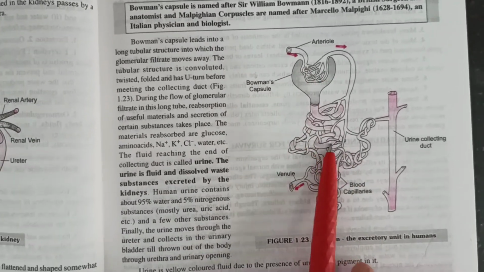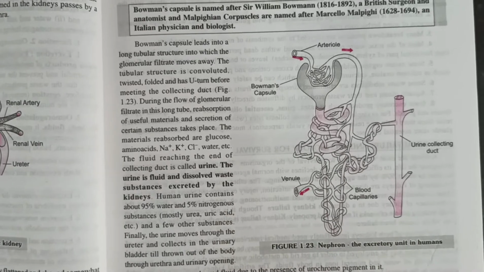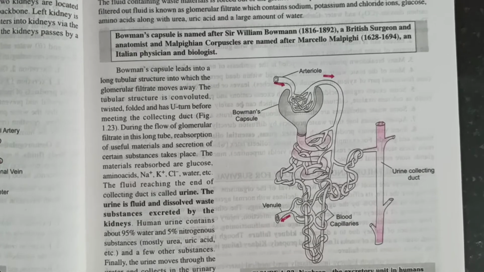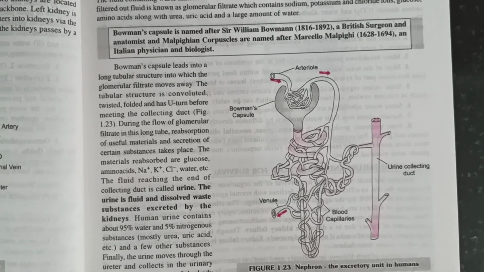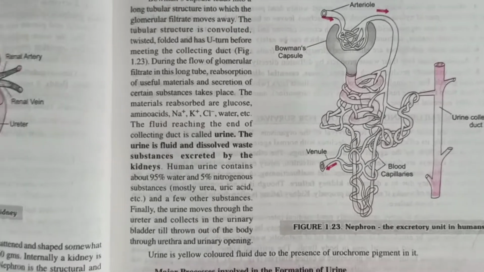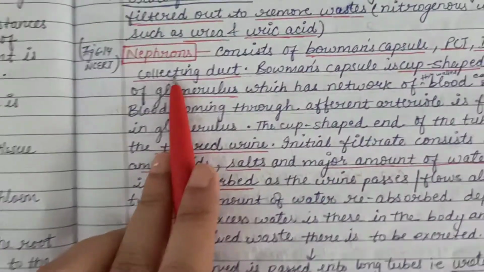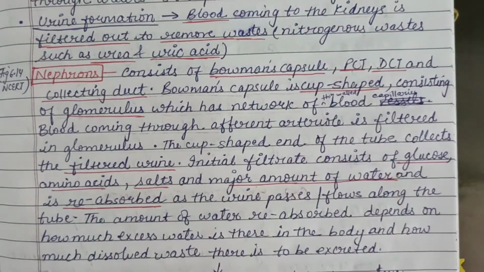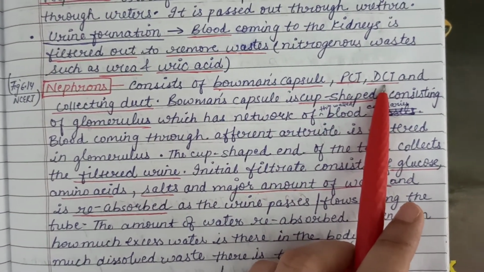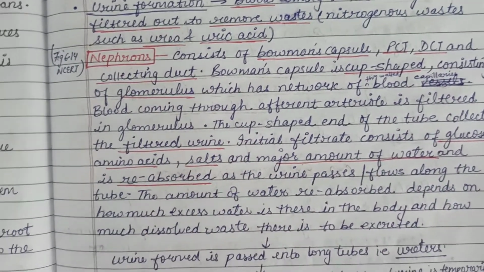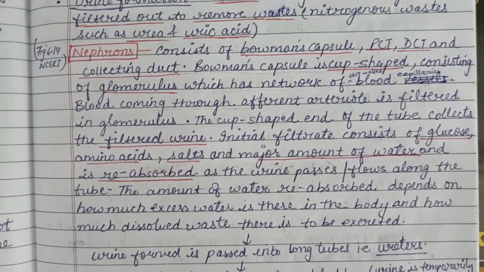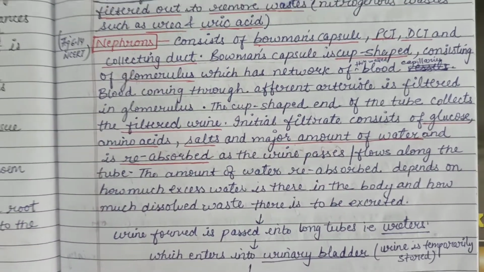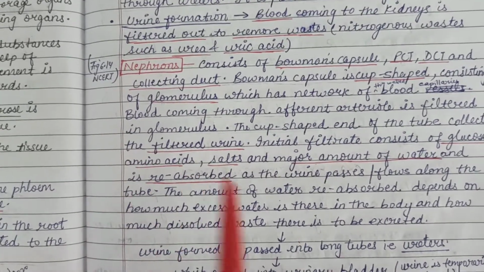Blood vessels, blood capillaries and the duct of the nephron are in close contact with each other for urine formation. So let's see how nephrons work. They consist of a Bowman's capsule, PCT that is proximal convoluted tubule, DCT distal convoluted tubule, and a collecting duct. Bowman's capsule is a cup-shaped structure which consists of the glomerulus, a network of thin-walled blood capillaries that help in filtration of blood.